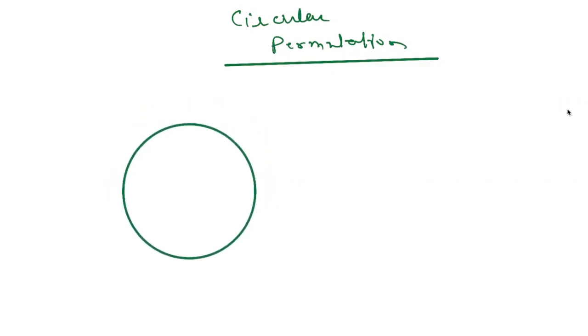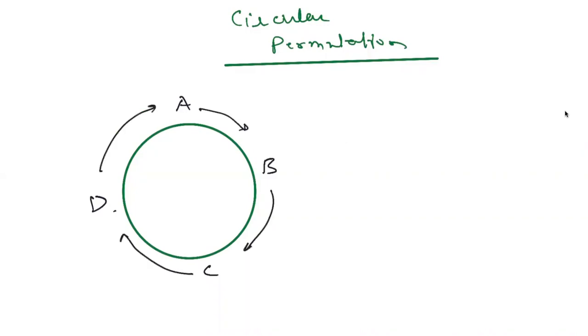This is a circle, and four people are sitting: A, B, C, D. In the circle, four people A, B, C, D have to take seats in such a way that after A comes B, C, D, and then that's A again.